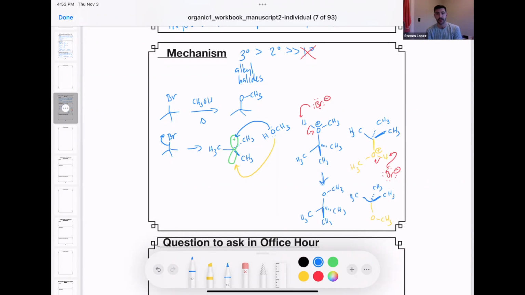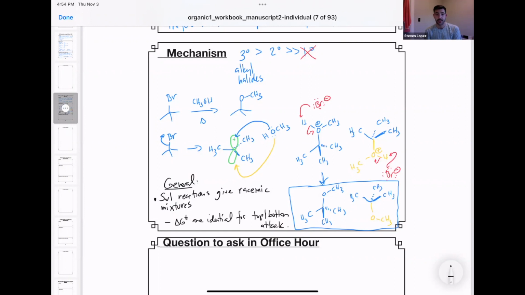And because the carbocation is achiral, the methanol approaches from either side, leading to a one-to-one mixture of these two products, which I've put in this blue box. So in general, SN1 reactions are going to give racemic mixtures, again assuming an achiral carbocation. That's because the activation free energies are identical whether you're attacking from the top or the bottom face.